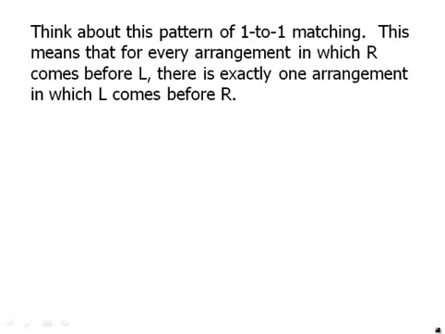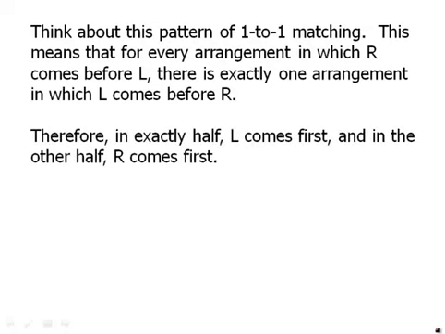So think about this one-to-one pattern. This means that for every arrangement in which Ruth comes before Luke, there is exactly one arrangement in which Luke comes before Ruth. And again, it's just a matter of keeping everyone else the same, switching the place of those two, and then you get the matching order. Therefore, in exactly half, Luke comes first, and in exactly half, Ruth comes first.